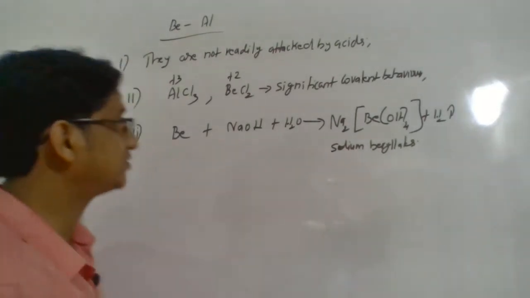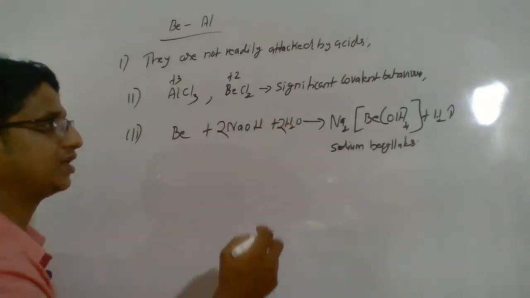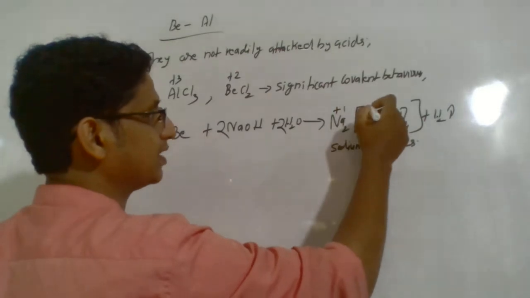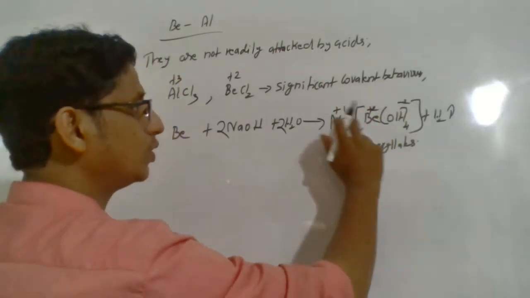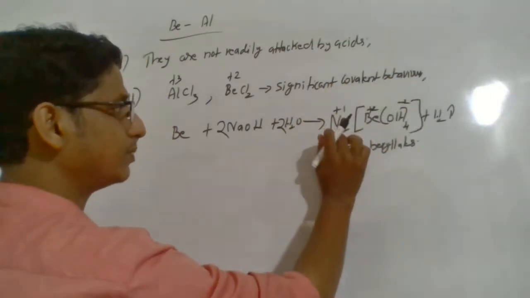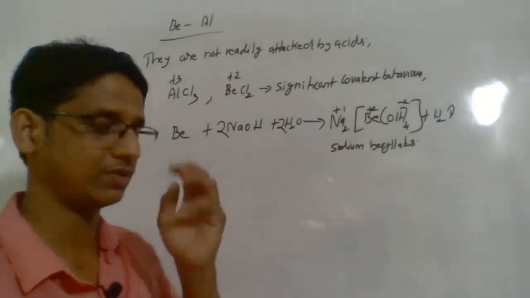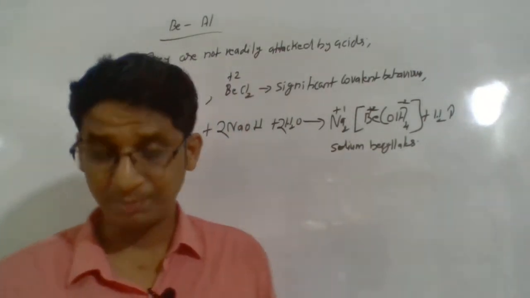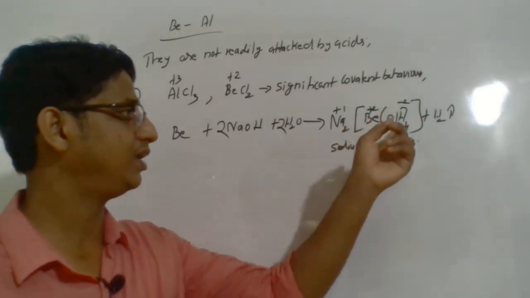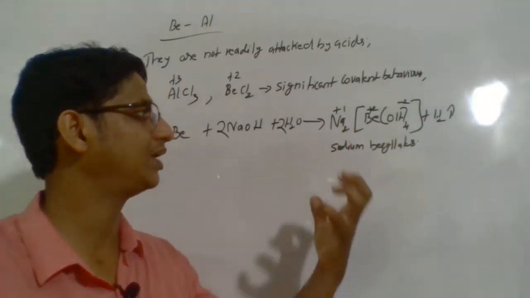Let us balance first: 2NaOH plus 2H2O. Sodium is +1, beryllium is +2, hydroxide is -1, so the whole charge has to be 0: +2 +2, 4, -4. Sodium acts here as a counter ion. The berylate is Be(OH)4.